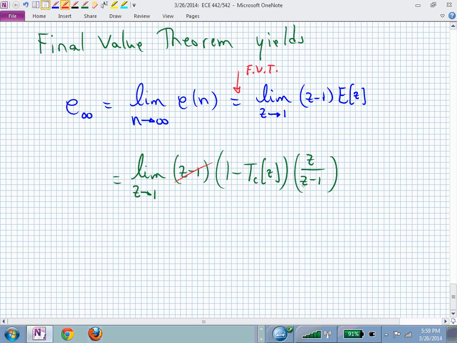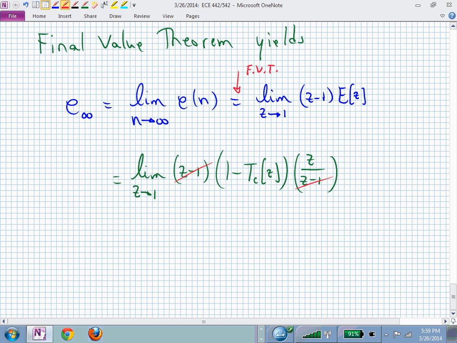Which now we can cancel. As z goes to 1, what happens to this rightmost term in the numerator? That's nice, well-behaved, isn't it? That's going to basically be gone.